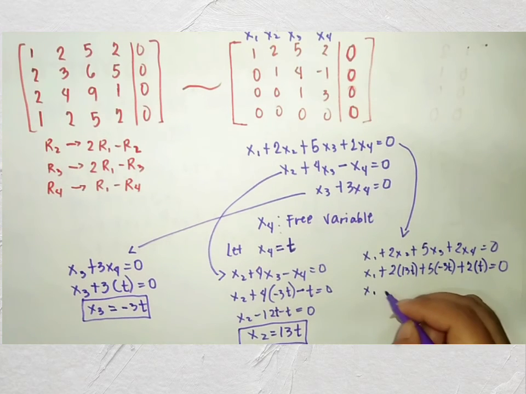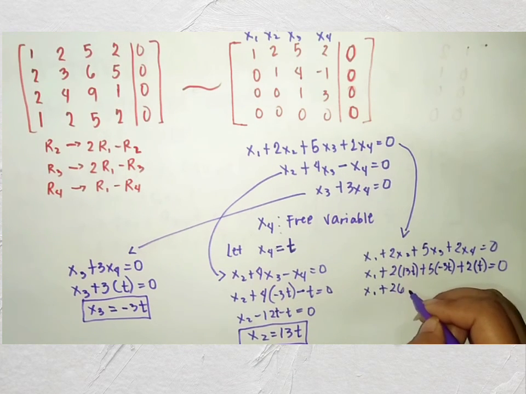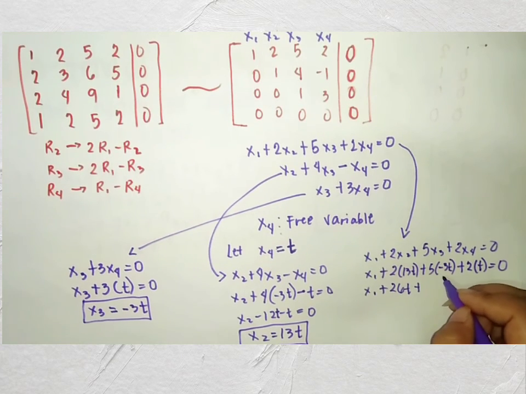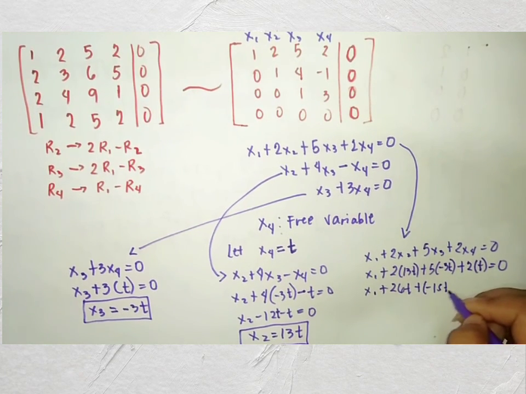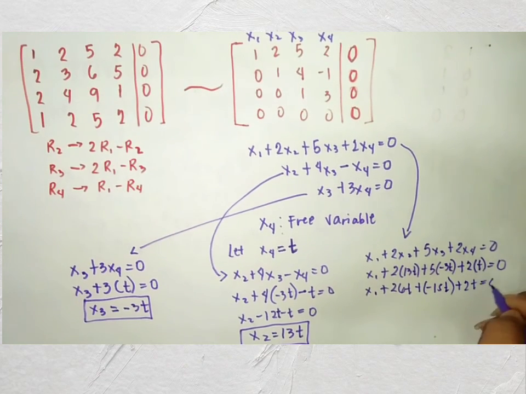So, x sub 1 plus 2 times 13 is 26t plus 5 times negative 3 is negative 15t plus 2t is equals to 0.